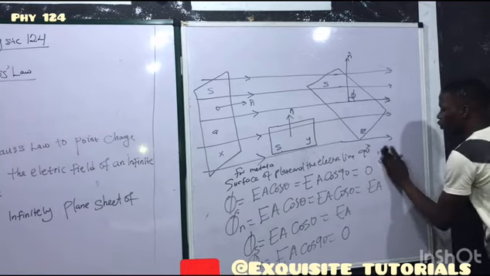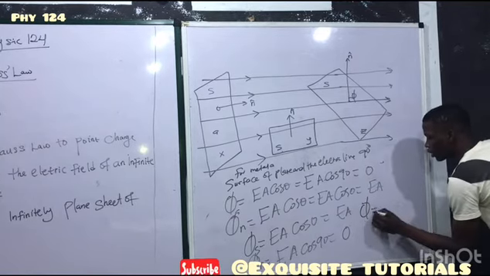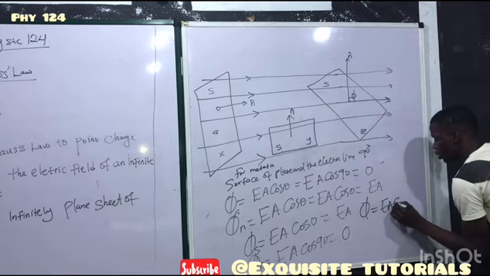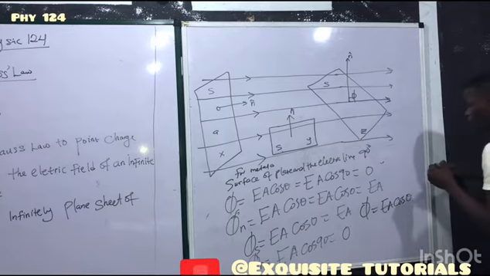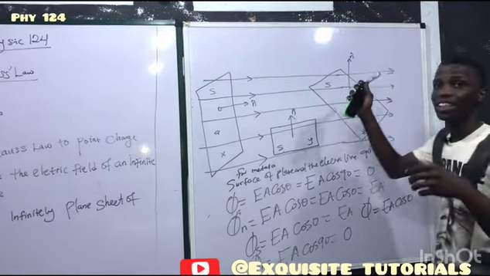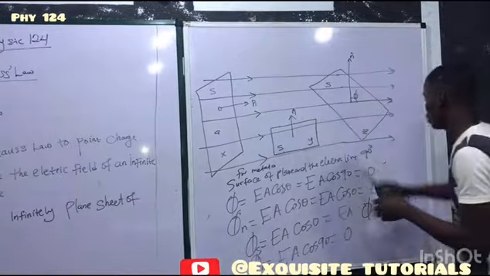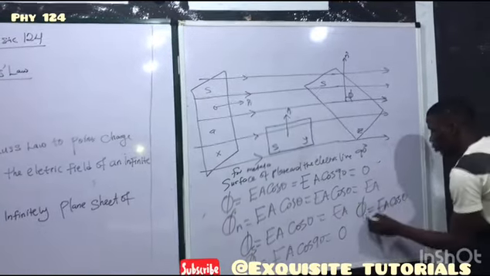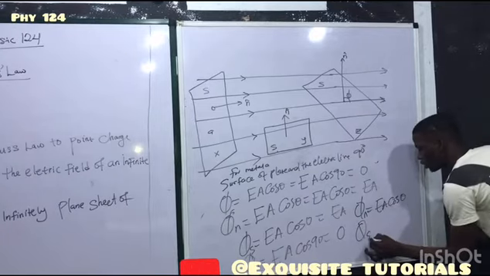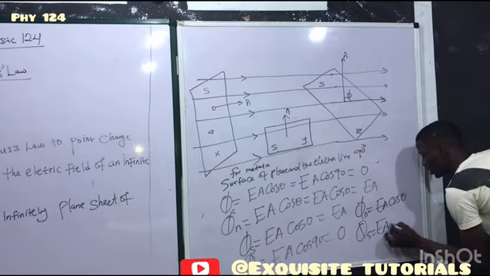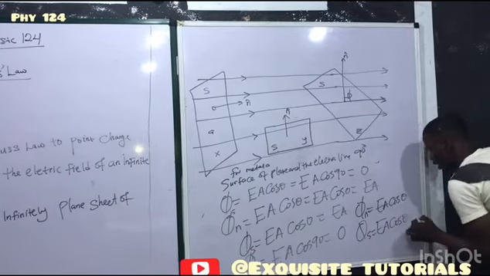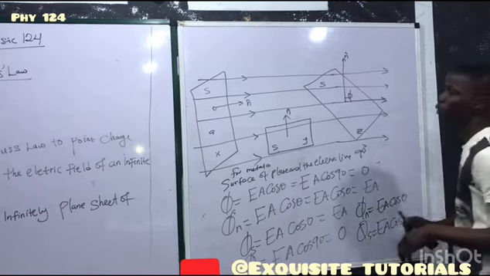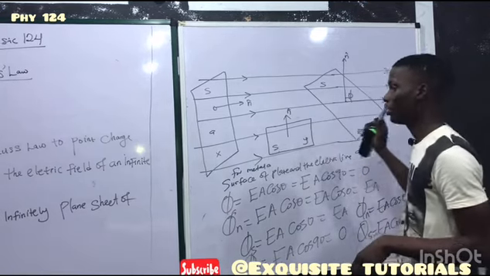The formula here will now be flux equals EA cos theta. Since it's already inclined at an angle, this is the relationship they exhibit, both for the normal and for the surface. They are both inclined at an angle theta. That is the point I'm trying to drive out there.